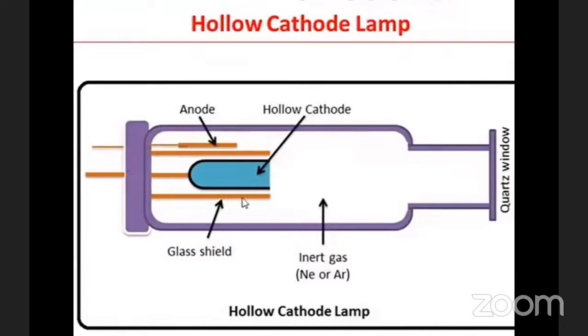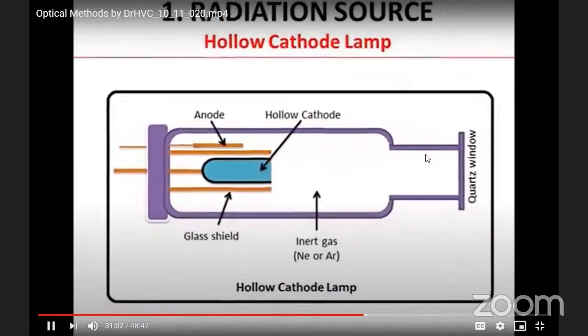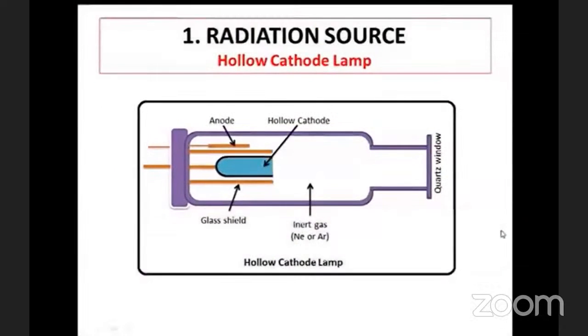The cathode is protected in a glass shield. A tungsten wire functions as an anode. The two electrodes are enclosed in a glass envelope containing an inert gas like neon or argon at a low pressure. So this is the construction of the hollow cathode lamp.